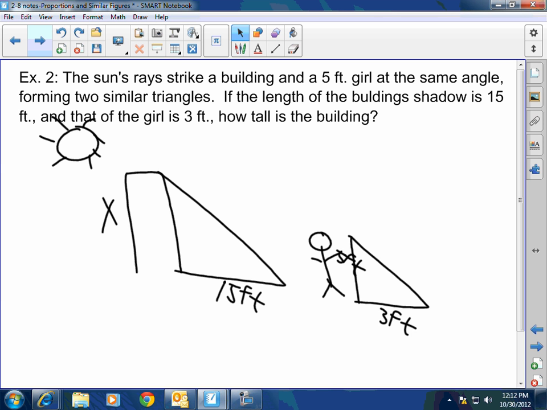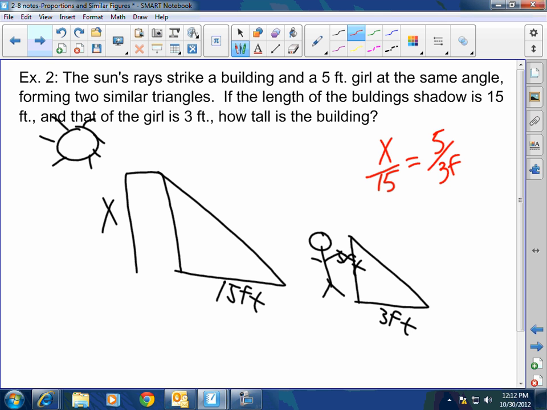Okay, now it's easy. X to 15 must equal 5 to 3. Let's check out why. Height to shadow equals height to shadow. Remember, same unit to same unit? Same unit to same unit, always. So now let's go ahead and cross multiply, my brothers.